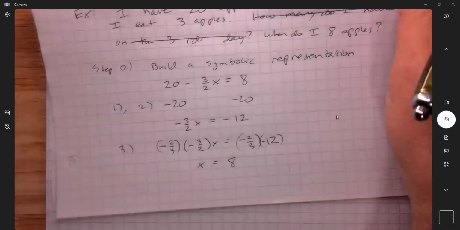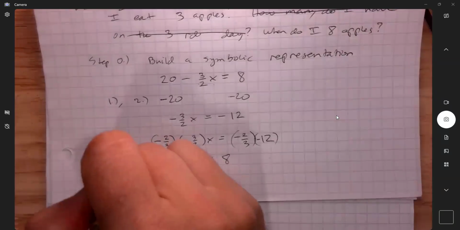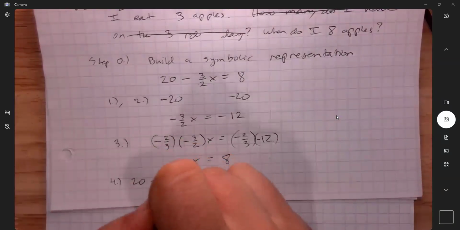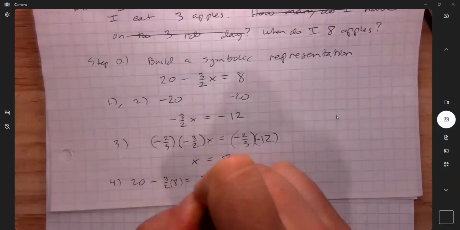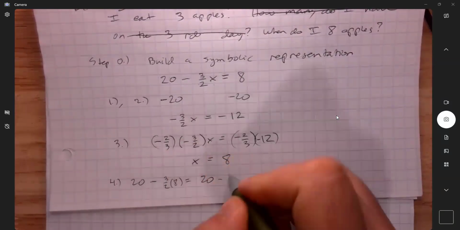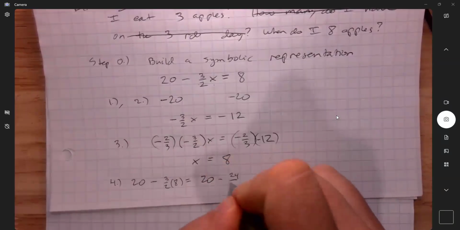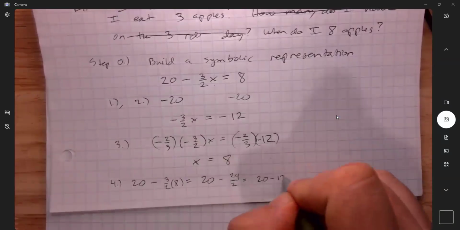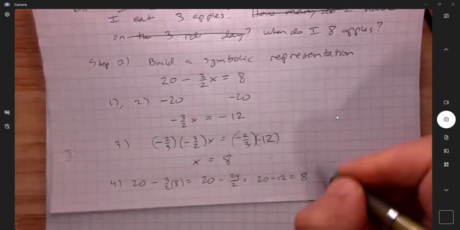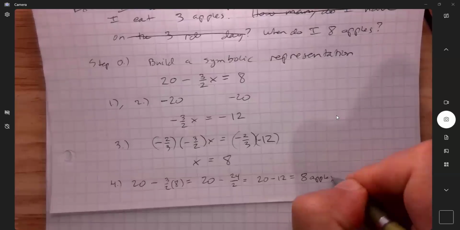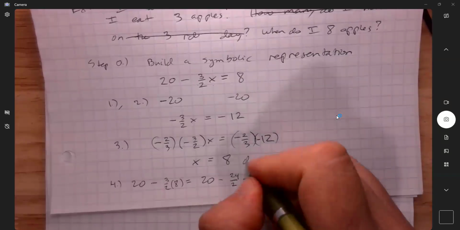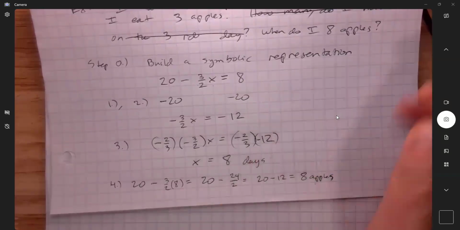So now we want to check that answer. So we're going to take 20 minus 3/2 times 8, which is 20 minus 3 times 8 is 24, divided by 2, which is 20 minus 12, which is 8 apples. When the day is 8, the apples is also 8.